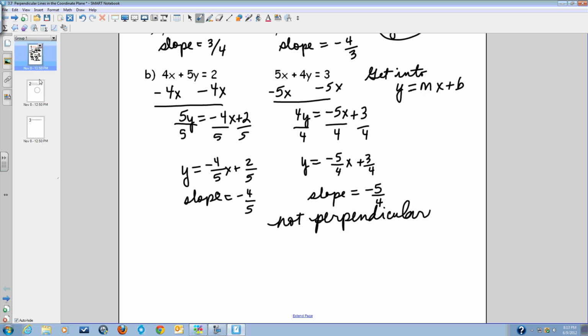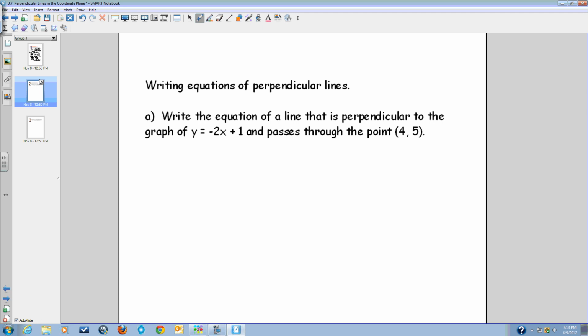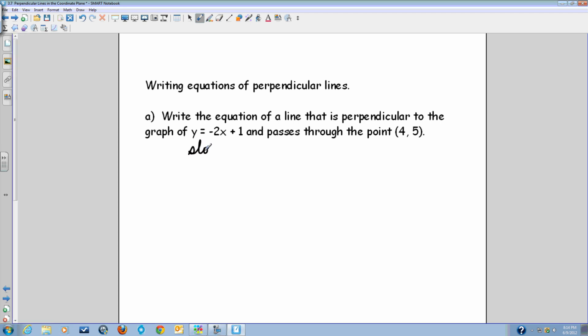Let's move on to the next page. This is on writing equations of perpendicular lines. Write the equation of a line that is perpendicular to the graph of y = -2x plus 1 and passes through the point (4, 5). Well, this line has a slope of -2.